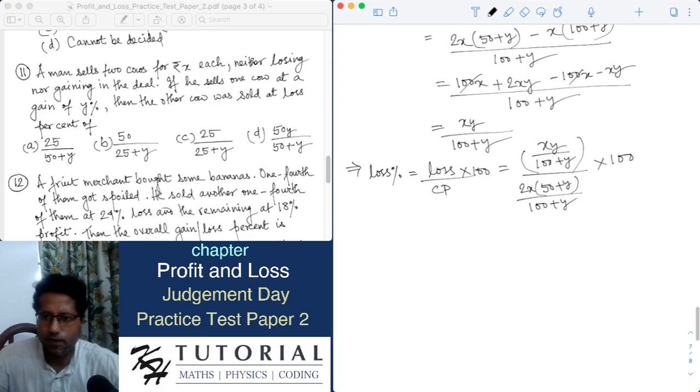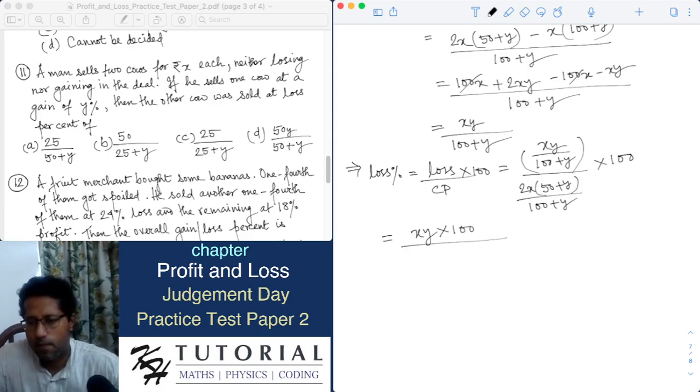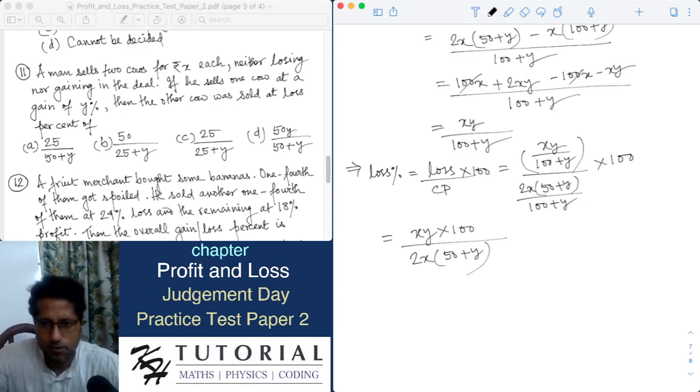Now if you simplify this, the denominator 100 plus y cancels out, and we get xy into 100 divided by 2x into 50 plus y. x cancels out, 2 divides 50.